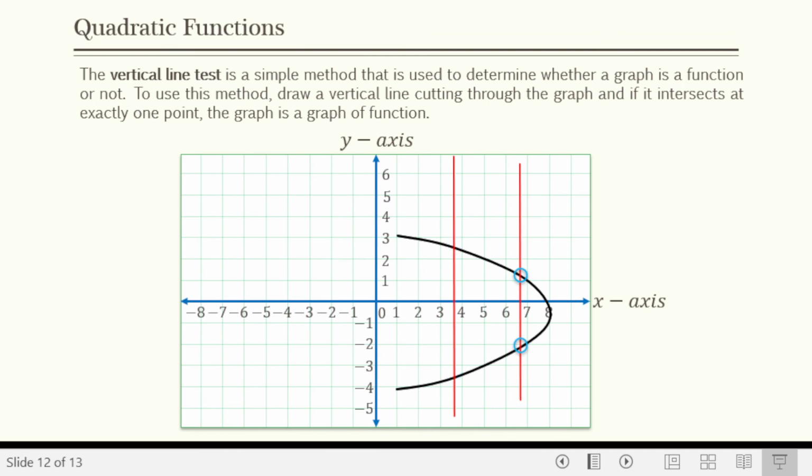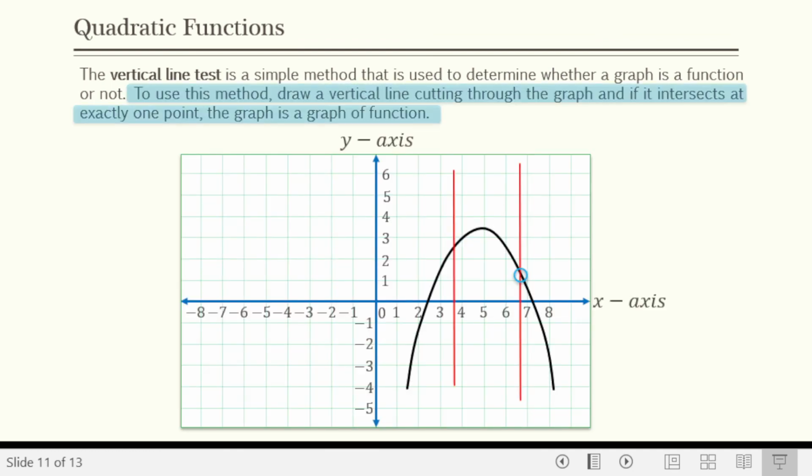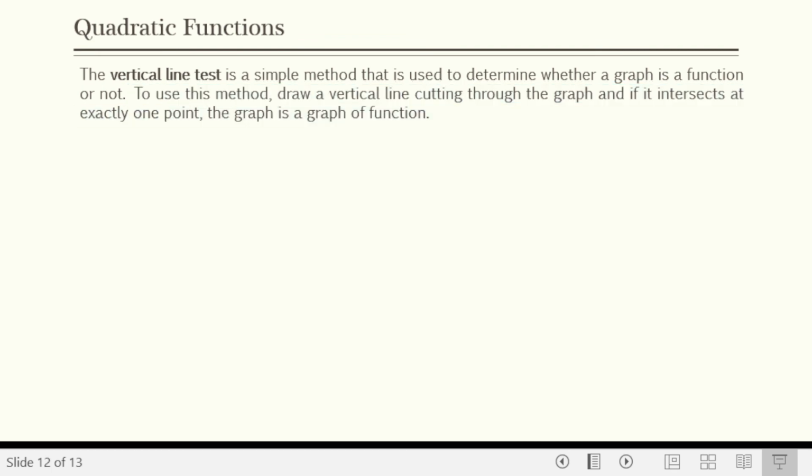But if, just like this, ginawa natin kanina, okay, tingnan nyo, gumawa tayo ng vertical, pero isang intersection lang, di ba? So, meaning that graph is a function. Okay? So, these are the two methods, class, or two ways to test a graph, or this is the way to test a table of value if that is a quadratic function, and also to test a graph if that graph is a function or not.